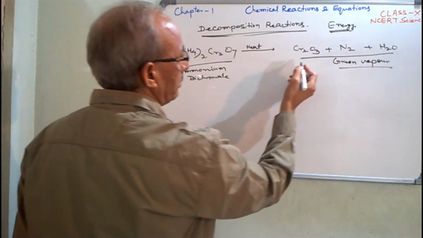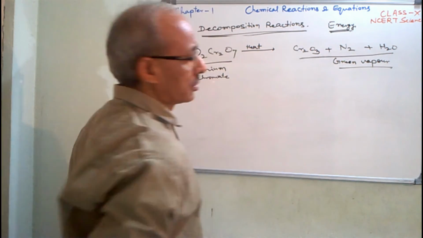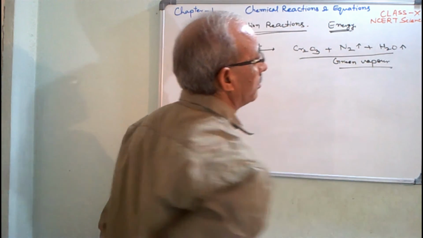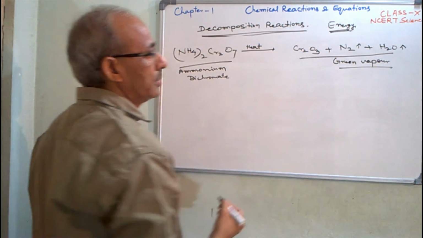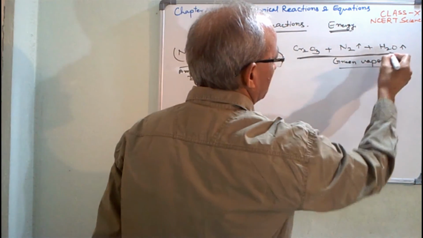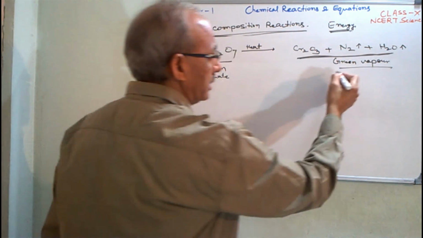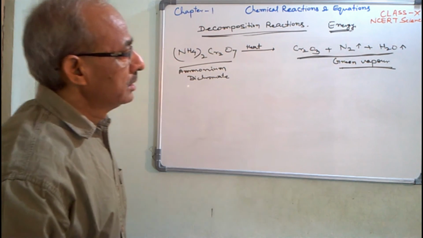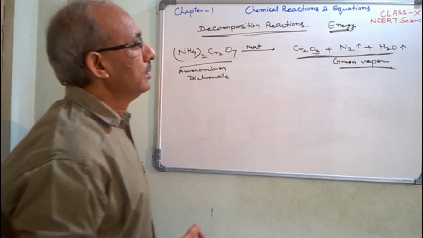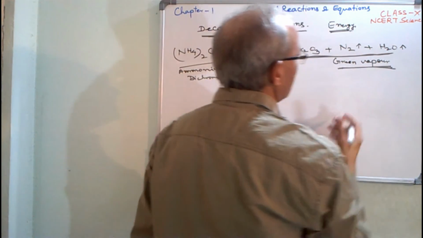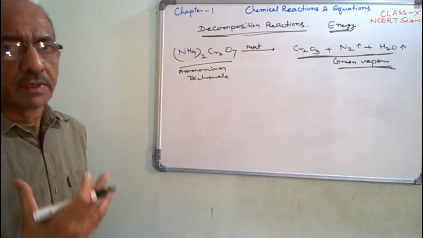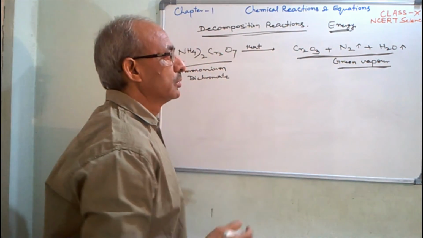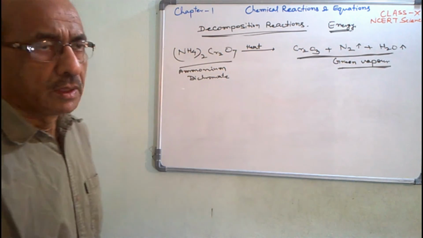When it is heated, the chromium oxide, nitrogen gas and water vapor are produced, and due to production of these three substances the green vapor is produced, and it appears just like when a volcano is erupted, because the green vapor is produced in great amount during the chemical reaction. So it is also called the volcanic chemical reaction.